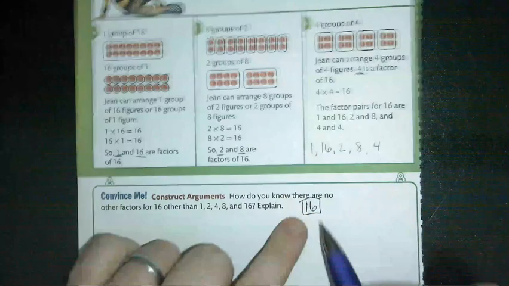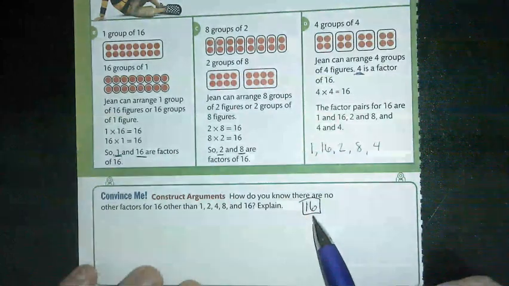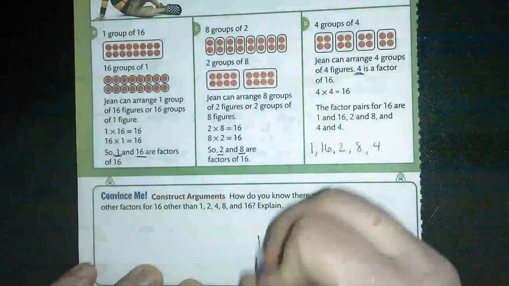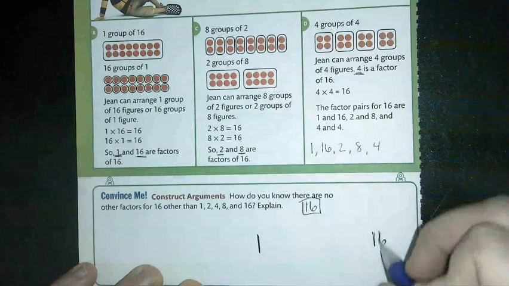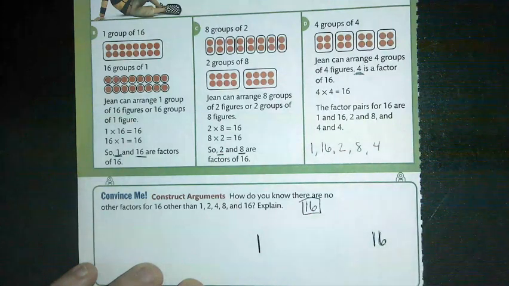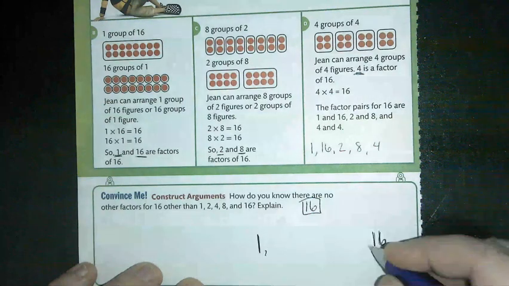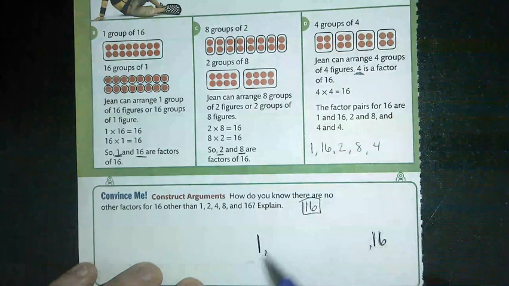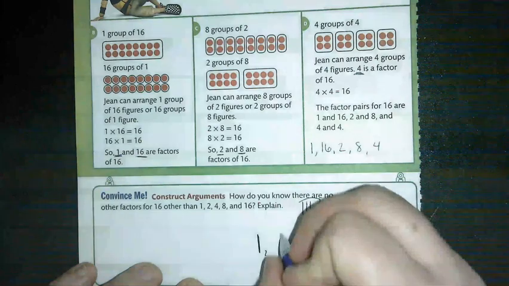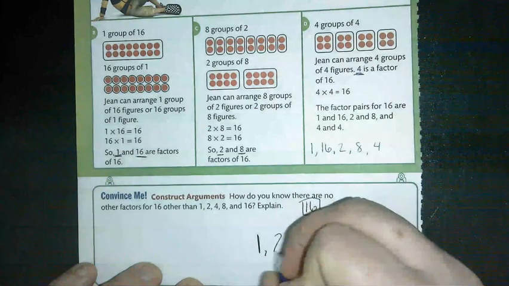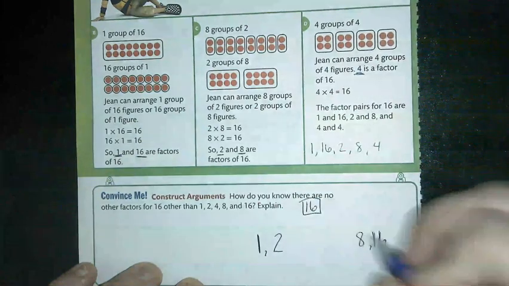I know that any whole number can always be multiplied by 1 and itself, so 1 and 16. The next thing I do is put my commas here and ask, what about 2? Can I multiply 2 by anything to get there? 2 times 8 is 16, so I'm going to put my 2 over here and my 8 over here.